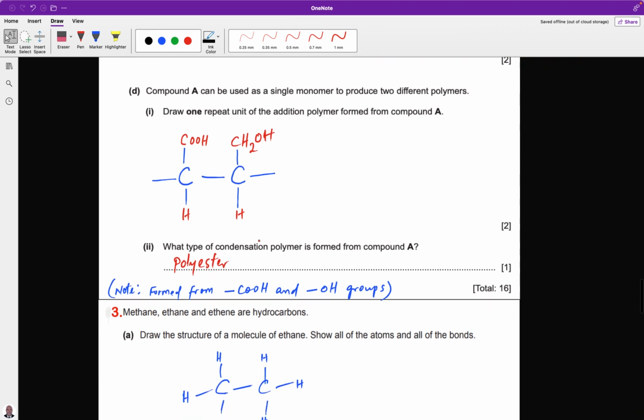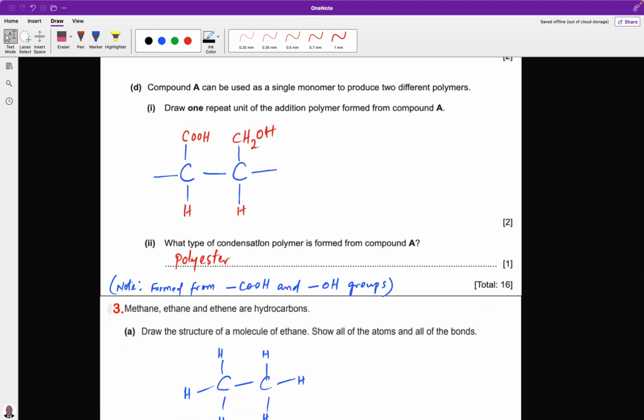Okay, what type of condensation polymer is formed from compound A? Remember, compound A has an acid group in it, and it also has an alcohol. So when an acid reacts with an alcohol, what is going to form will be an ester.